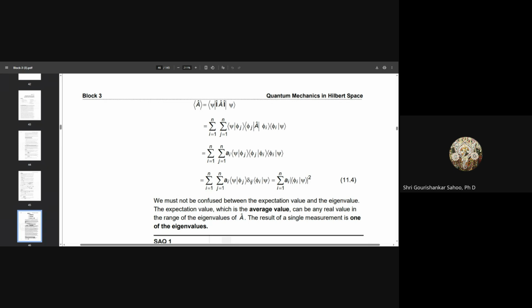But if you take 5 values of energy at different times or at different positions, you can have the average value by using the formula, and it is nothing but the expectation value. So this is different. The expectation value is an average value, but the eigenvalue is the result of one single measurement.